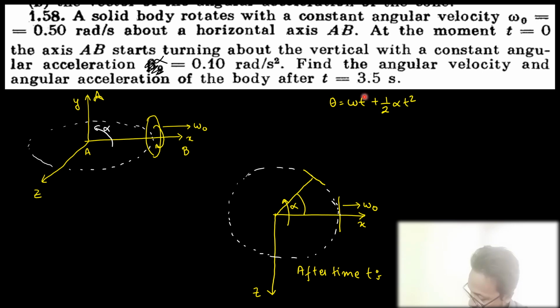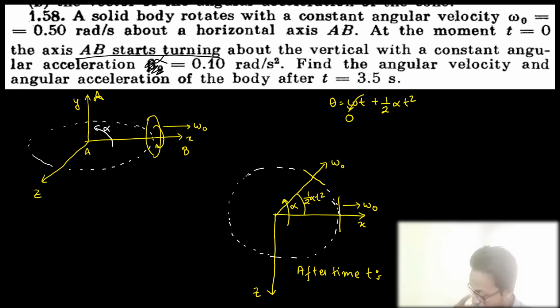At the moment t equals 0, the axis starts turning about the vertical axis, which means the initial angular velocity about the rotation of the axis is equal to 0. So this angle would be nothing but half alpha t squared. And the angular velocity is already in this direction.